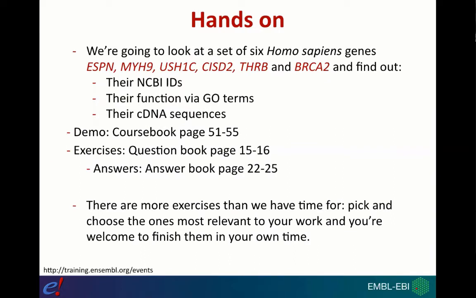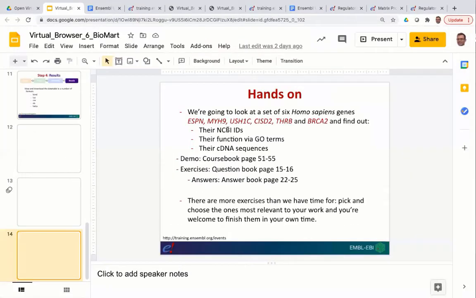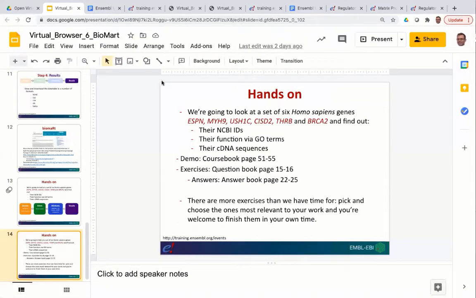So if you want to follow along in the course book, that's where the screenshots start, on page 51, but you can follow along with me as well. If you do wish to follow along with me, what we're going to have to do is just get our list of genes that we can copy and paste into BioMart.